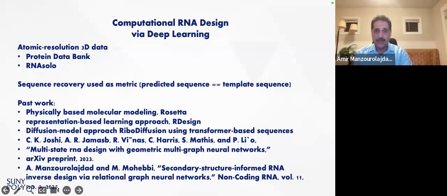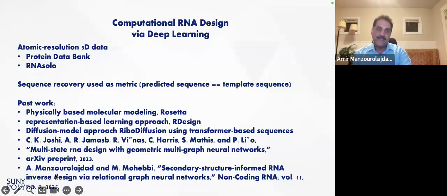Some of the more successful models here are RDesign and RiboDiffusion. These use transformers or diffusion models, as well as GNNs, such as gRNAde, which is a multi-state RNA design deep learning model using graph neural networks. This is very successful.